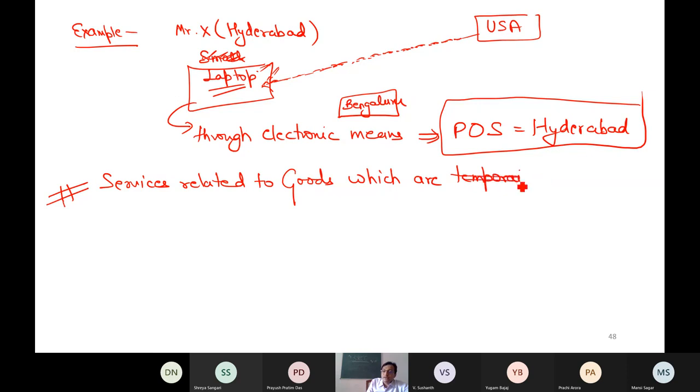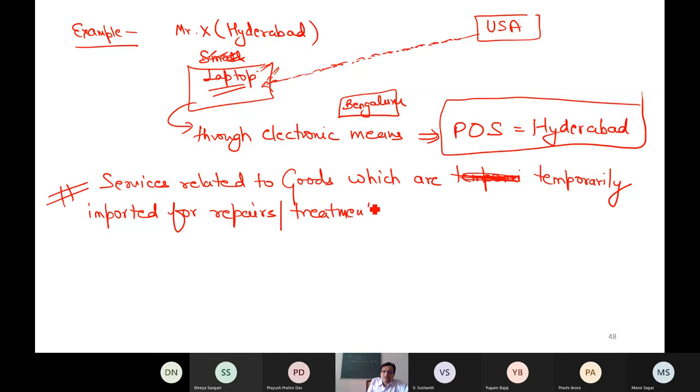That means intention is not permanent. For what purpose have you imported those goods? Not to achieve something, but imported for repairs, or for some process, or for any treatment. That means it is not a 100% correct good which can achieve some sales. No, it is only for repair, treatment, or process. And the moment this repair, treatment, process is done, it is exported.